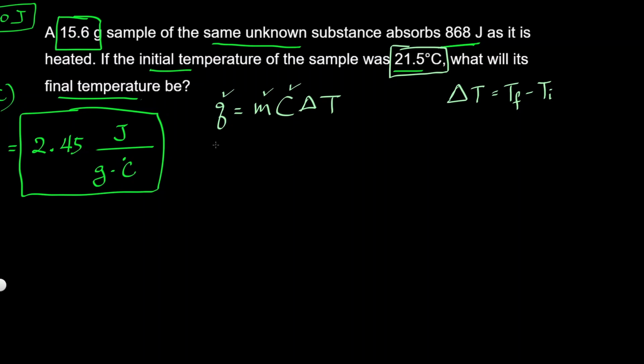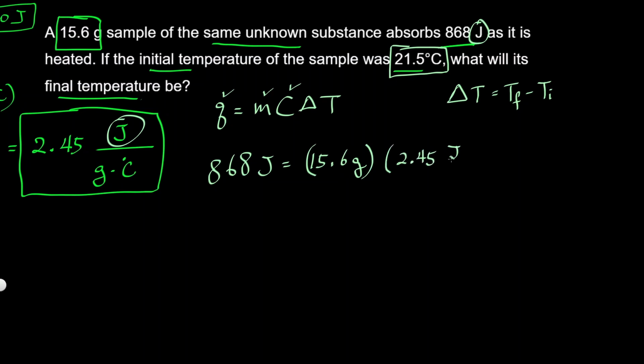They gave us the initial value, so all we need to figure out is T final. Okay, let's plug in numbers here. It's already in joules. Make sure that units match here. So 868 joules is going to be mass 15.6 grams, specific heat, we got it from the earlier example, 2.45 joules over grams over Celsius, and then times delta T. You know what? I'm just going to solve for delta T first.